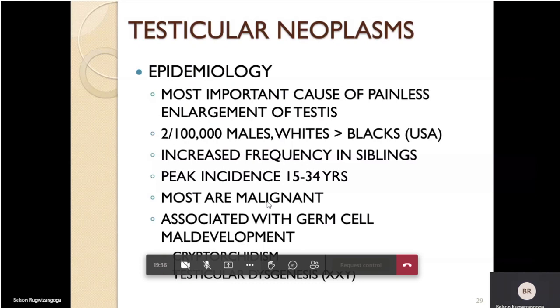Most of the testicular tumors are malignant. Personally, I've never seen a benign tumor of the testicles; they are malignant. Some conditions are associated with their development. For example, if there has been cryptorchidism, as we said before, these patients are prone to develop testicular cancers.